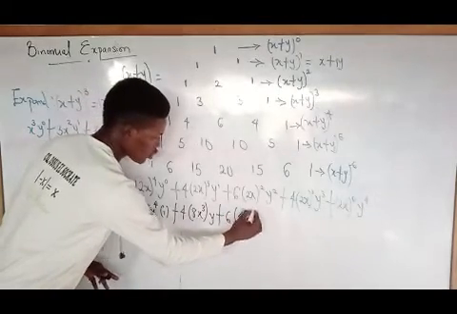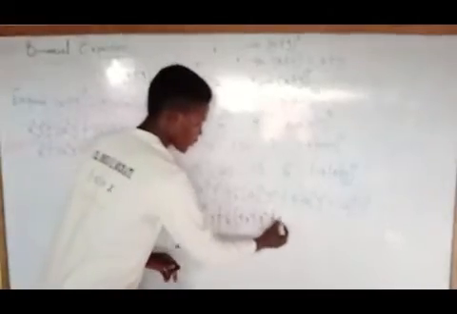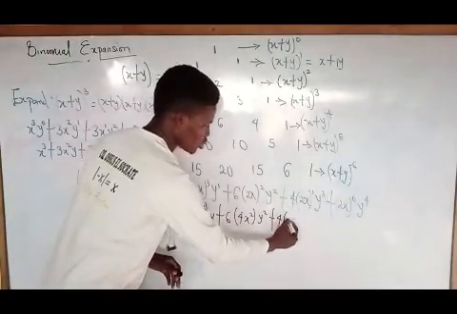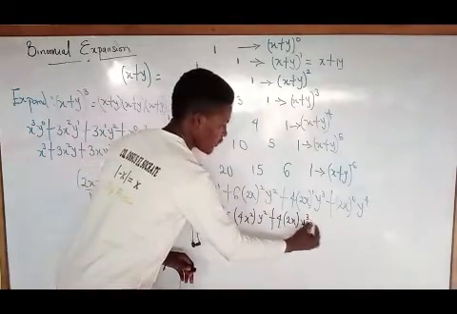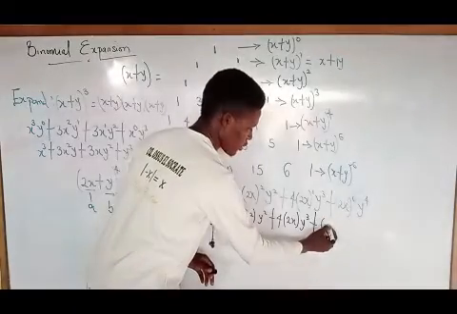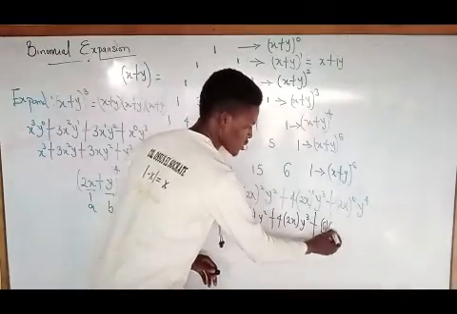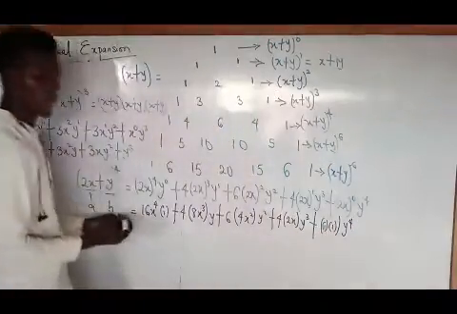Then x squared, then y squared. Plus 4. 2 raised to power 1 is 2. x raised to power 1 is x. Then y raised to power 3. Plus 2 raised to power 0 is 1. x raised to power 0 is 1. Then y raised to power 4. Hope you are following my process.